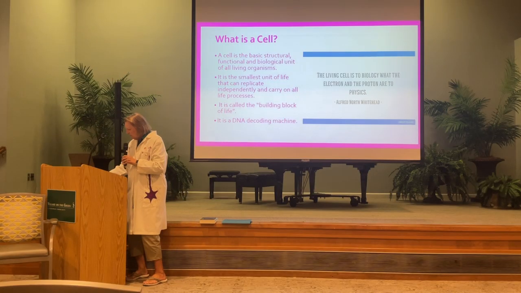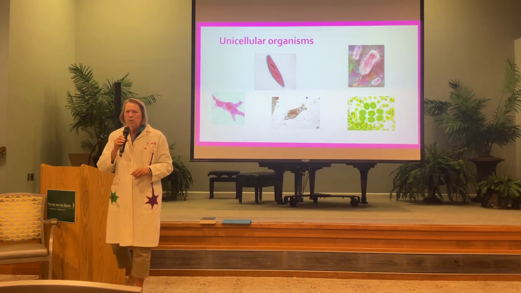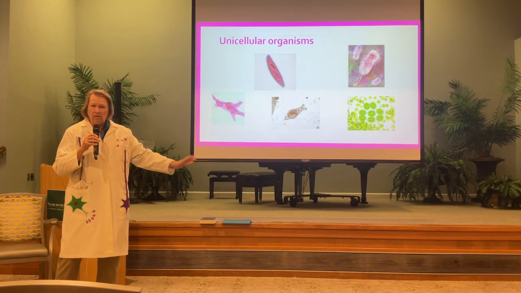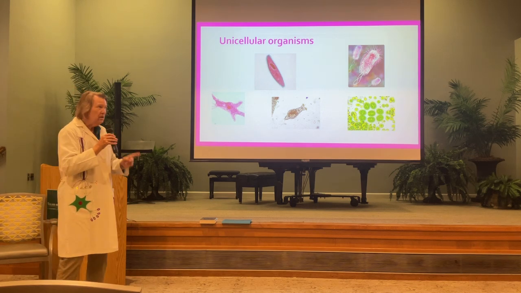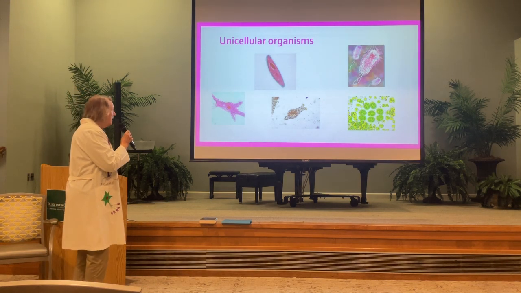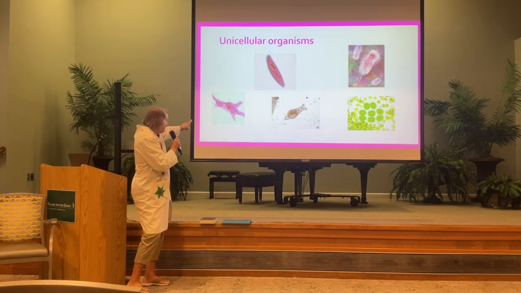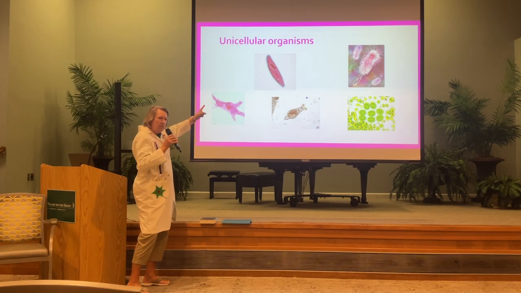So here's some examples of organisms that are made up of only one cell. And when we think of ourselves, we think, oh, lots of cells, but there are lots of organisms out there that are a whole organism. It's just one single cell. And this one is an amoeba. You may have heard of those. Up there above it is a paramecium.